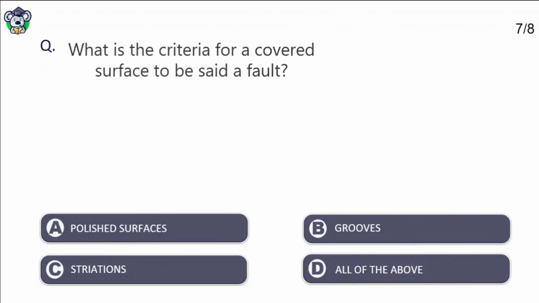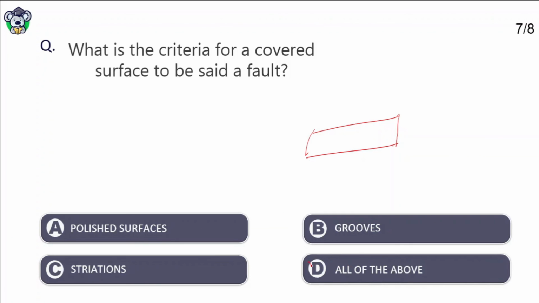What is the criteria for a covered surface to be said a fault? In the field, if you travel some area and you find a plane, how will you define it as a fault plane? So this question means that. Polished surfaces, grooves, striations, all of the above.